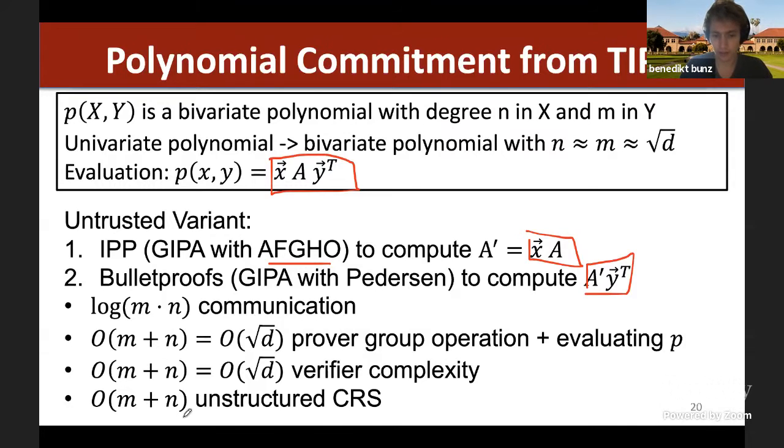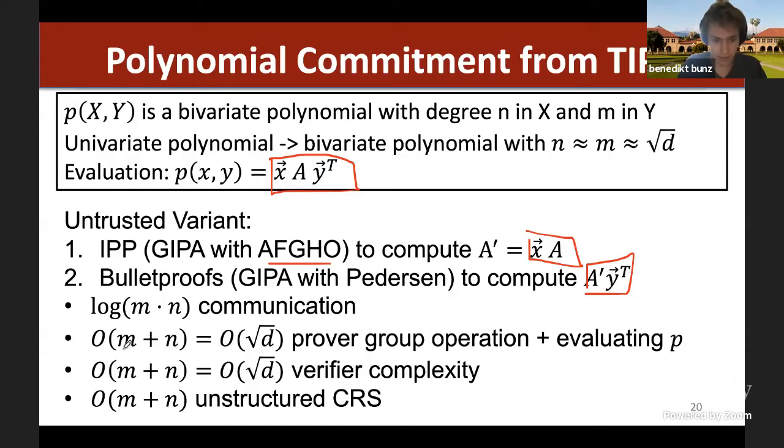And same with the reference string size. But because we set m to be roughly equal to the square root of d and n the same, then both the prover and the verifier complexity are just on the order of square root of d, and the size of the reference string as well.